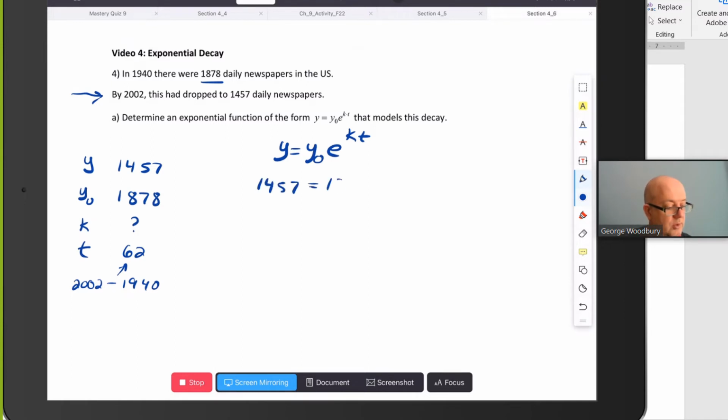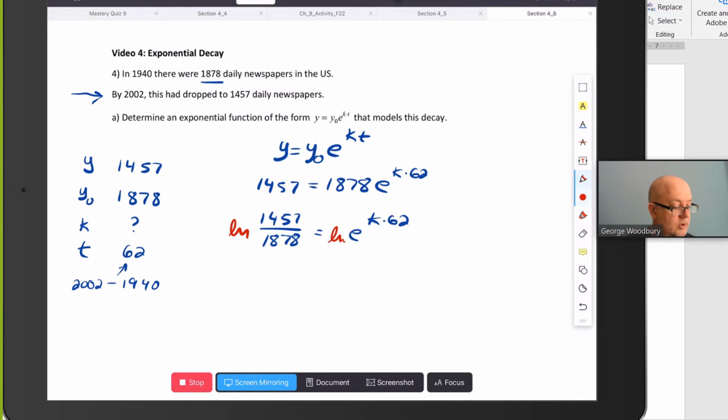1,457 equals 1,878 e to the k times 62 power. We're going to solve this just like the ones that we did before. Isolate the exponential part by dividing over the 1878. Then we'll take the natural logarithm of both sides of the equation to get the variable out of the exponent.